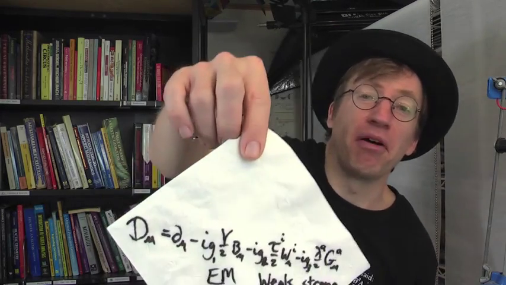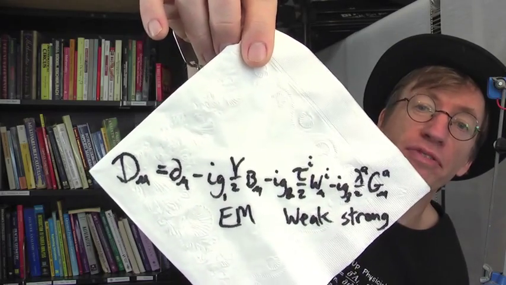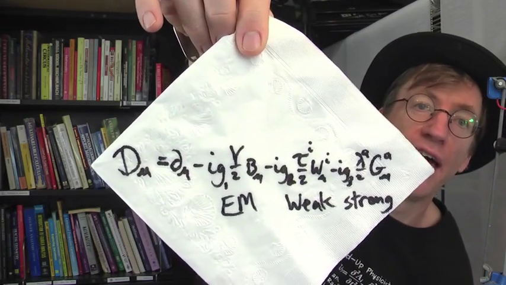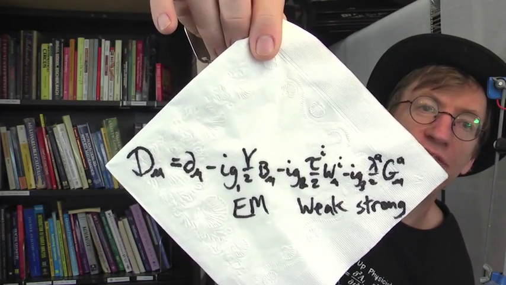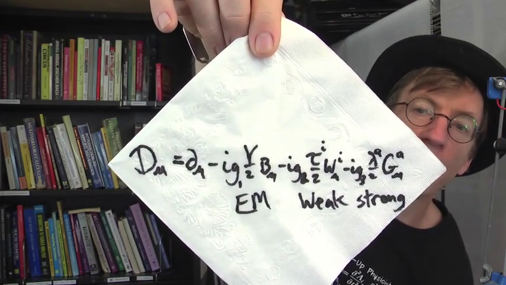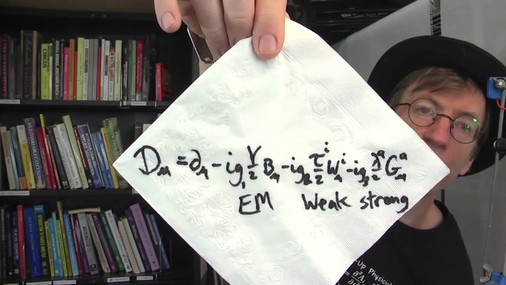Those are really highly valuable insights. And yet, when I take a look at the covariant derivative of the standard model, which you don't see written on sides of buses or anything like that, you've got the B field, you've got the stuff for the weak force and the stuff for the strong force.